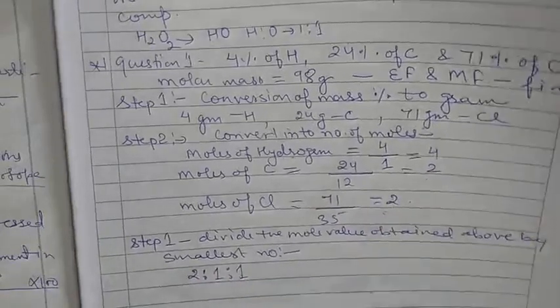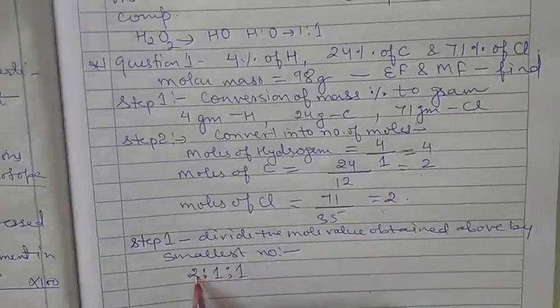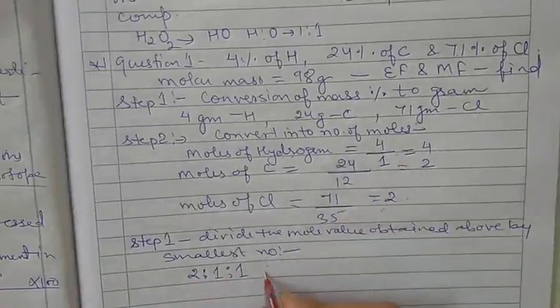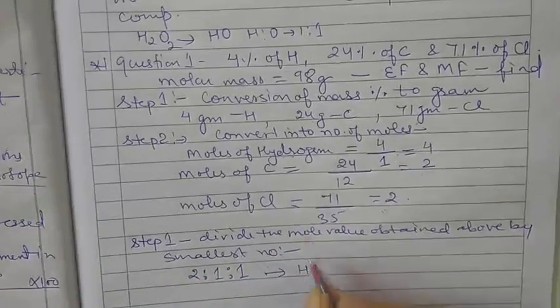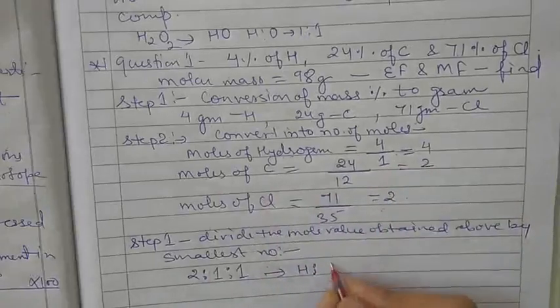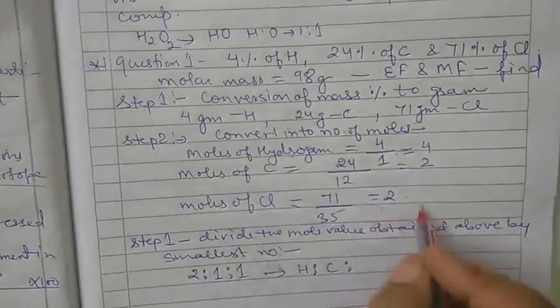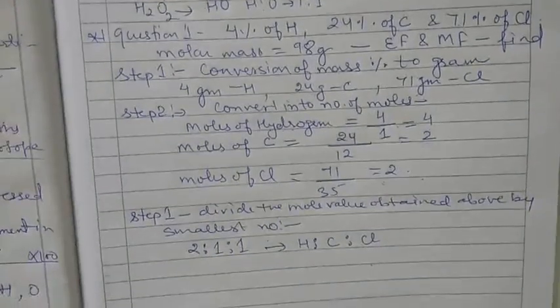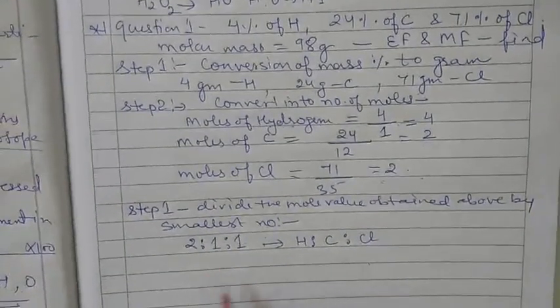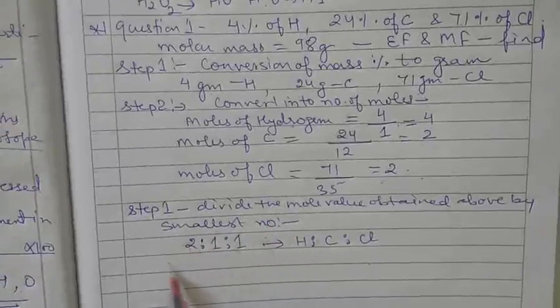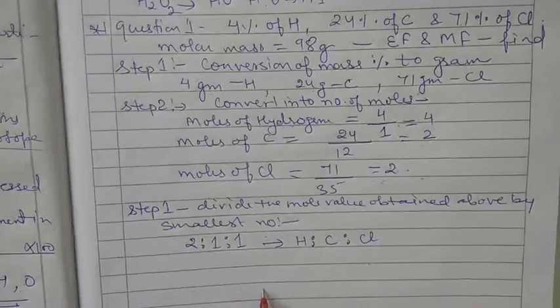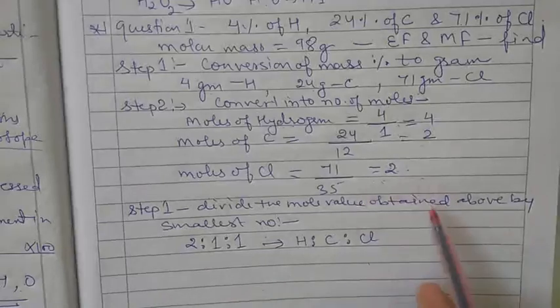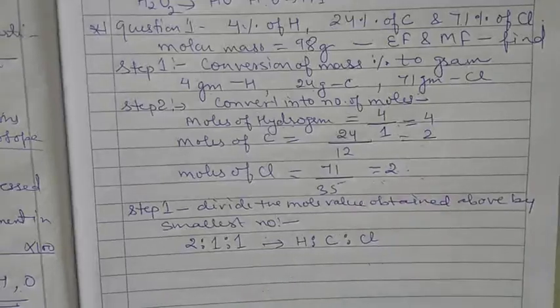So 2 is for which one? 2 is for hydrogen, 1 is for carbon, and 1 is for Cl. So we get such a ratio. In case the ratios are not whole numbers, they may be converted into whole numbers by multiplying by a suitable coefficient.